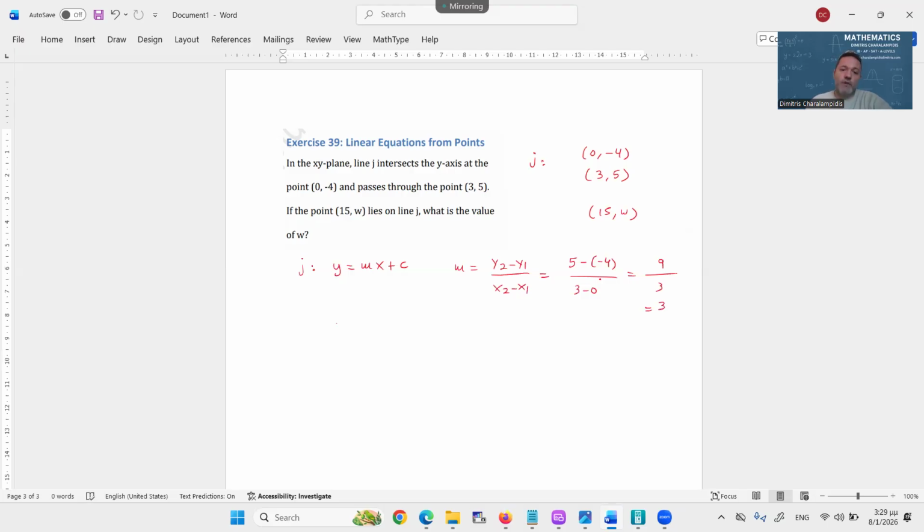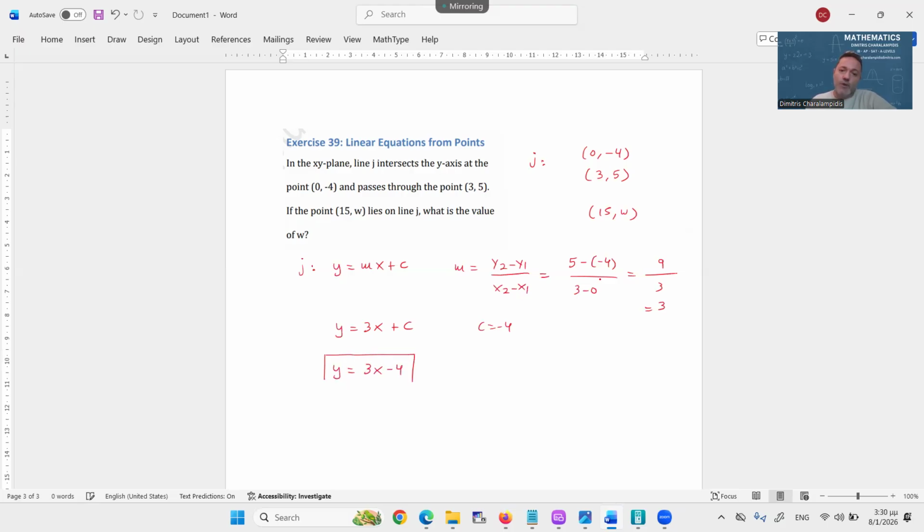So far we know that the slope of this line would have been 3. Therefore, it can be written as 3x plus c. And c is the y-intercept, which was directly given, and that is equal to -4. So the line J has the equation of 3x minus 4.